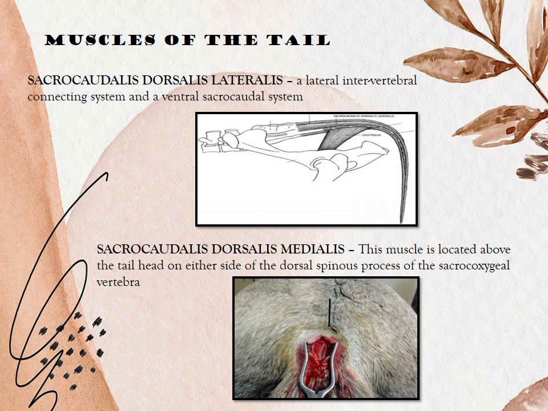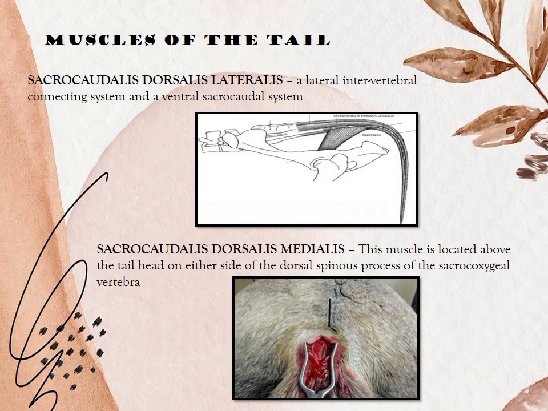Muscles of the tail. Sacrocaudalis dorsalis lateralis, a lateral intervertebral connecting system, and a ventral sacrocaudal system. Sacrocaudalis dorsalis medialis. This muscle is located above the tail head on either side of the dorsal spinous process of the sacrococcygeal vertebra.